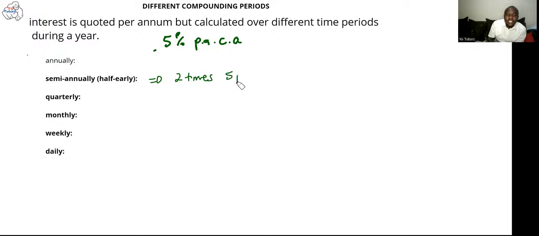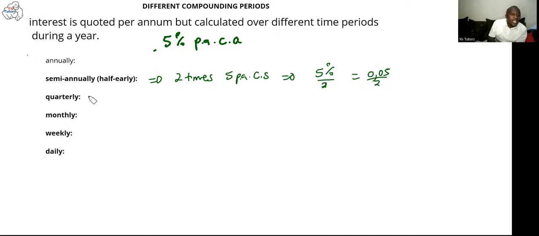So if it's 5% per annum compounded semi-annually, it means that the 5% is 5% over 2, because it's twice a year. In most cases, you see that it's going to be 0.05 over 2.